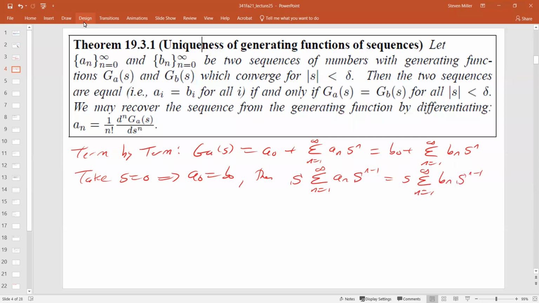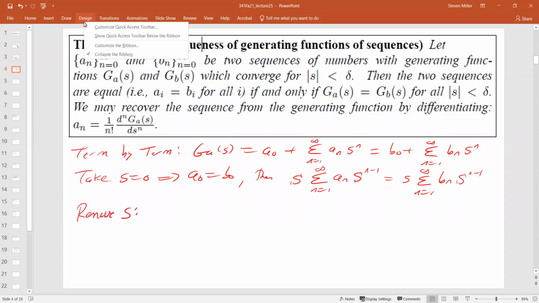What can we do to both sides? So I now have this relation: s times this sum equals s times that sum. And this holds for all s less than some delta. So what could I do to both sides? Yeah, I can remove the s.